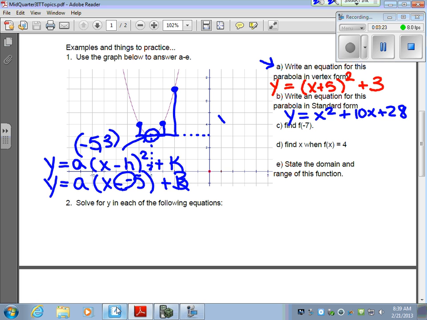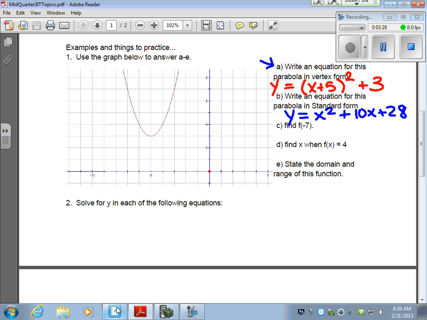There. Now the question is asking us to find f of -7. Because this whole graph here is f of x, that means the graph is called f and the independent variable is x.